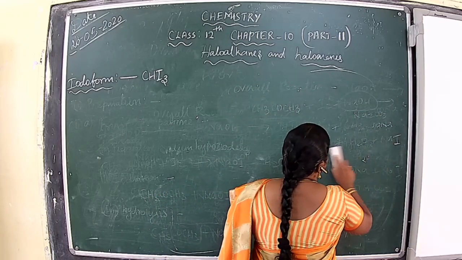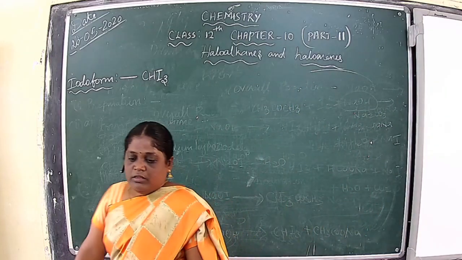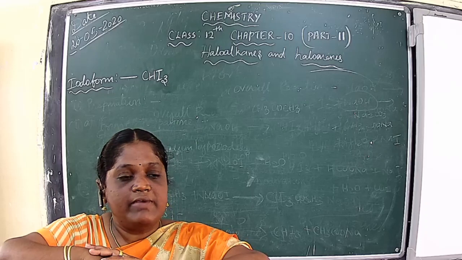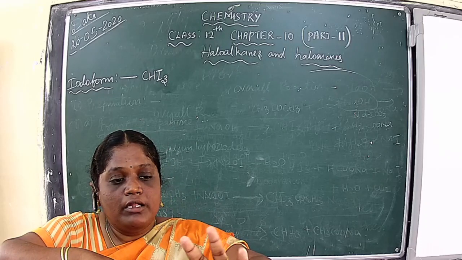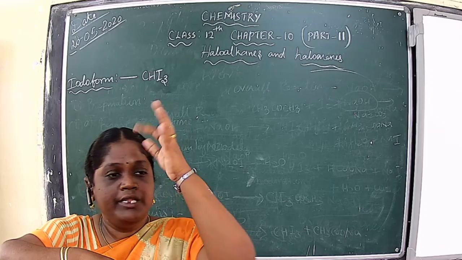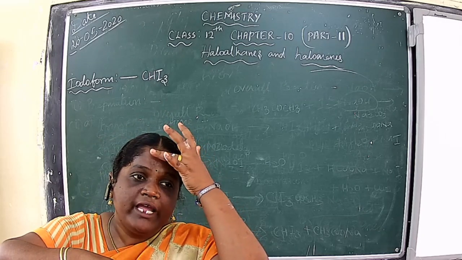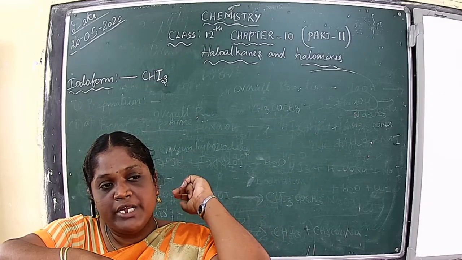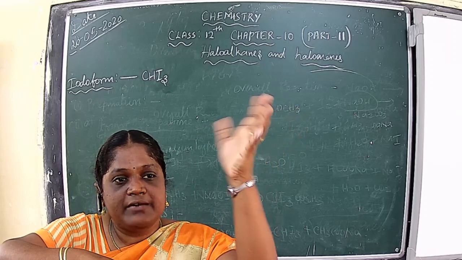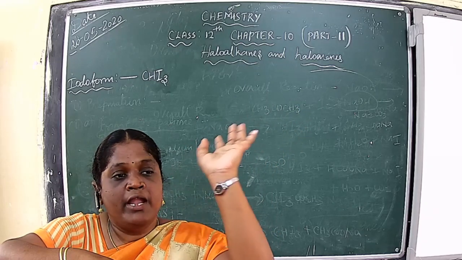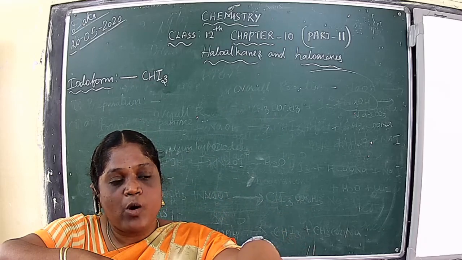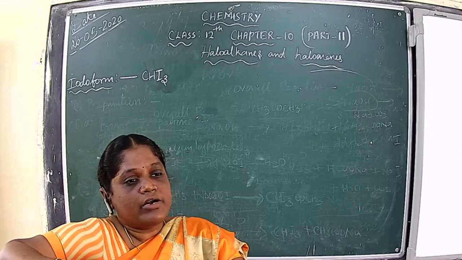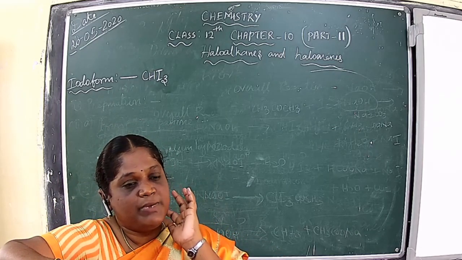What are the chemical properties we saw in chloroform? First, dehalogenation: with silver we get acetylene, yes or no? Then oxidation: when chloroform is oxidized in the presence of air and sunlight, it becomes poisonous.